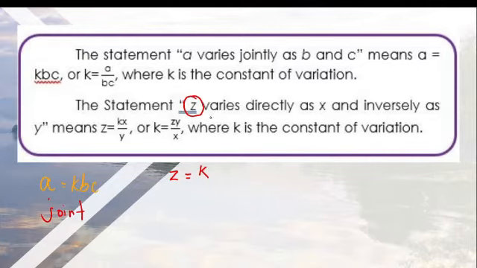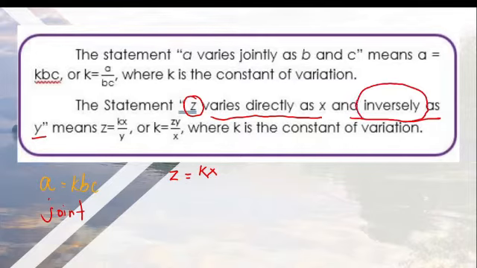It varies directly as x, so if it is direct, it is beside the constant. Then we have inversely as y, so when there is an inverse, that is where we put it over, which is y. That is our equation of variation, because this is just a combination of direct and inverse variation.